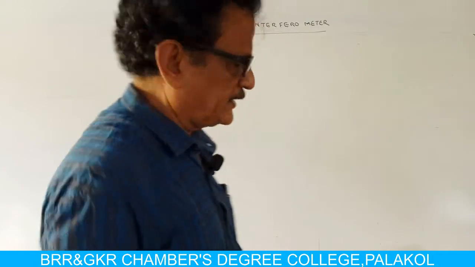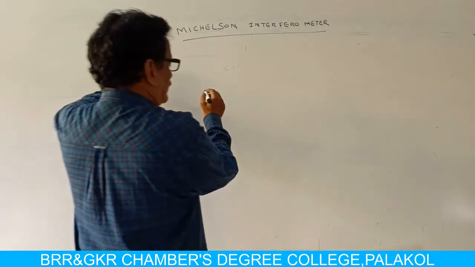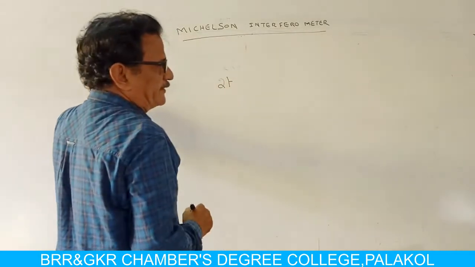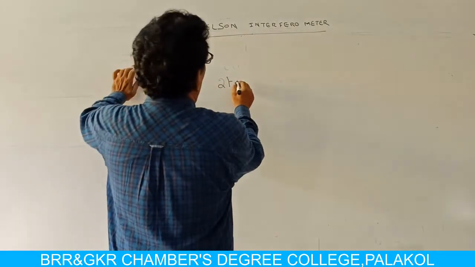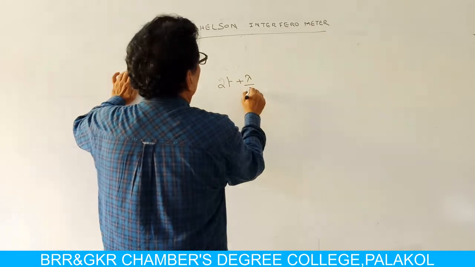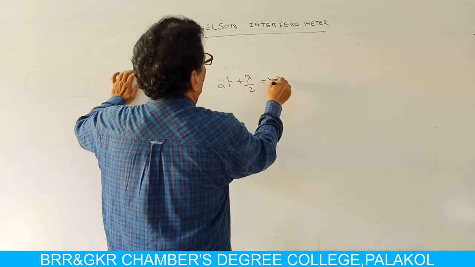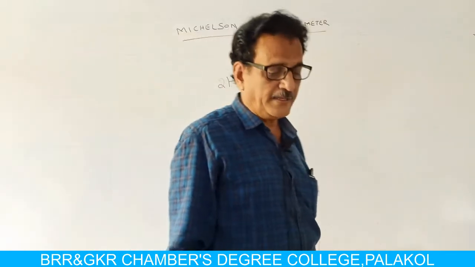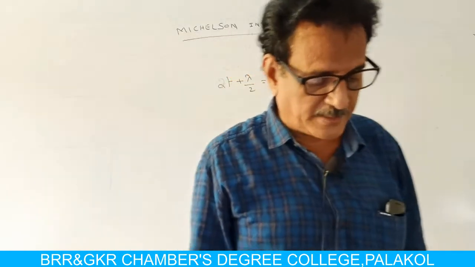As we know, in this Michelson interferometer, the condition for bright fringe is 2t plus lambda by 2 is equal to n lambda for air and for normal incidence.